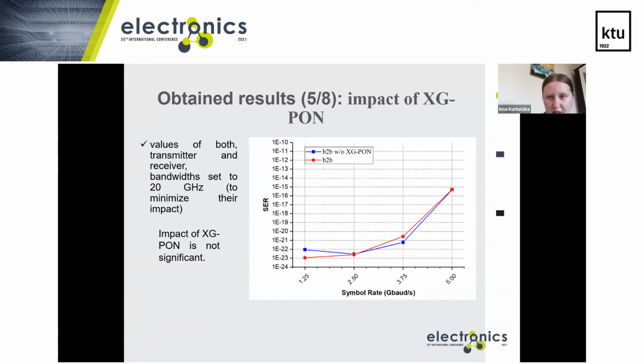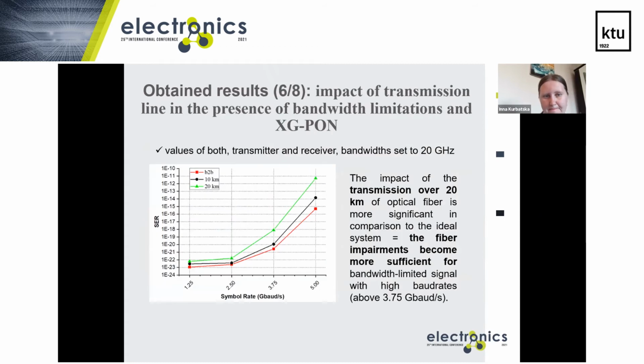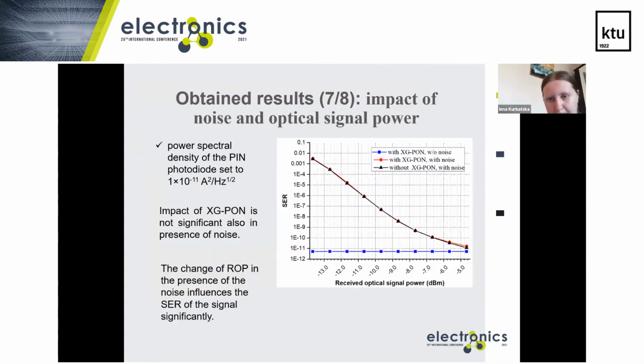After that, we evaluated the impact of the existing network, XG-PON, and this was not significant. After that, we combined these two factors, and we also see that in the case when XG-PON is present, we have a more significant impact of the fiber.